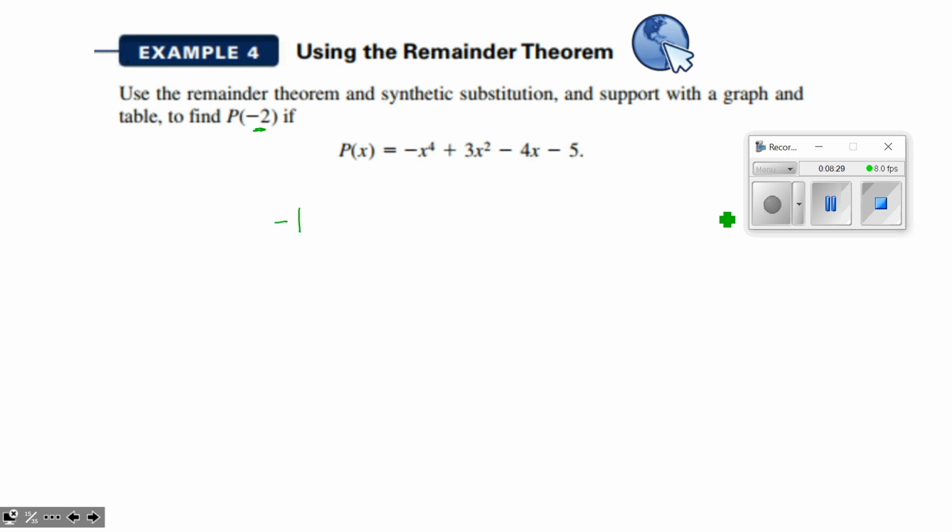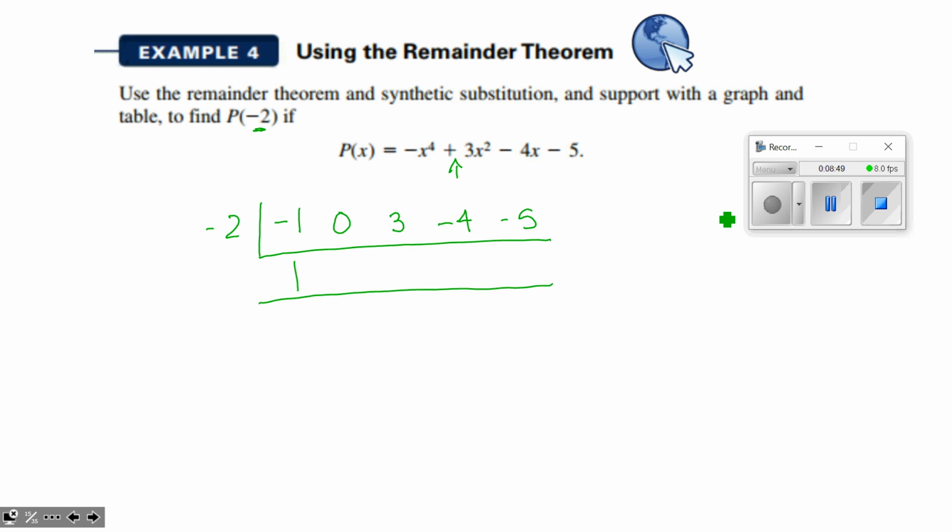So -1, that's what we did in the last unit. Notice x to the third is missing, so I'm going to say 0 for x to the third. And then I have a 3 for x squared. I have a -4 for x and a -5 for the constant term. And I'm going to see, is -2 a 0? And so I'm going to use synthetic division to check it.